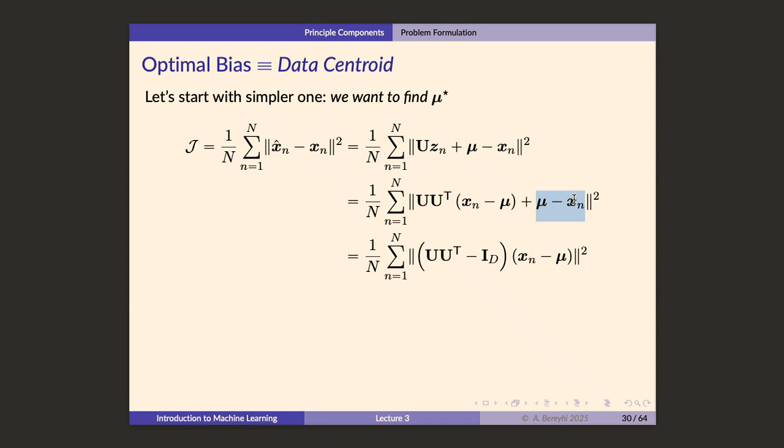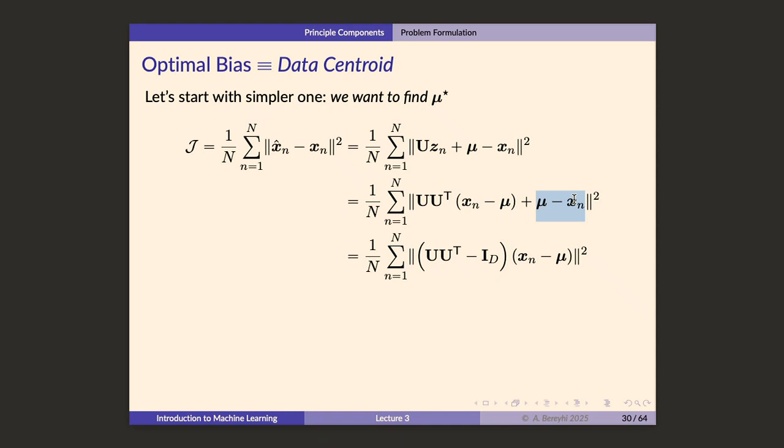Now, if I take out this xn minus mu, what's going to happen? I keep xn minus mu here. What should be the thing that is getting multiplied with it? U transpose is here, and then I can subtract it from I, and this I is exactly d-dimensional. Is it correct or not?